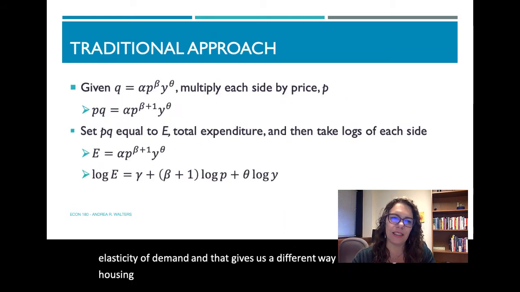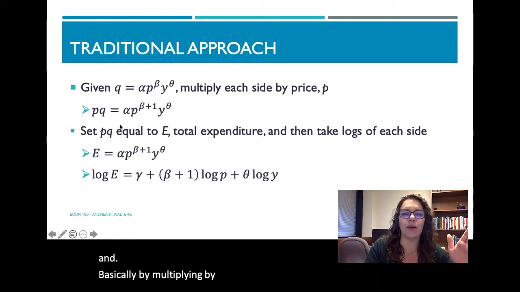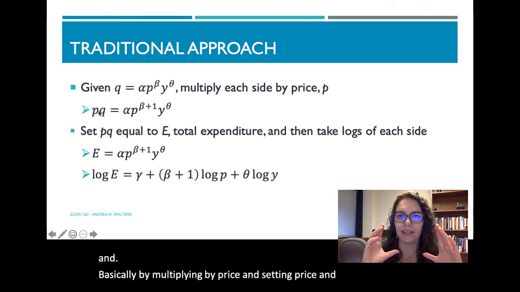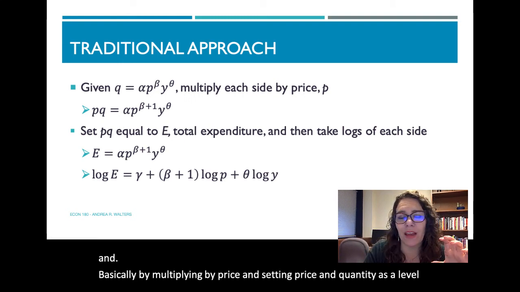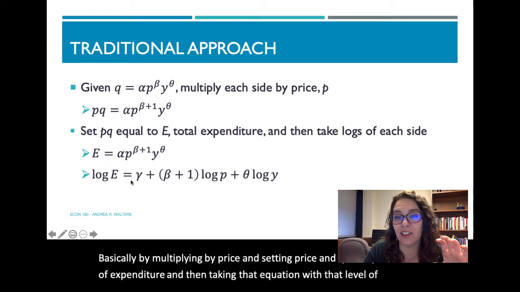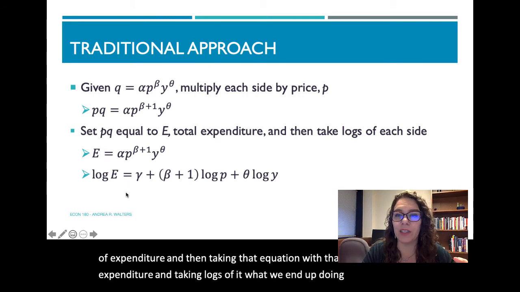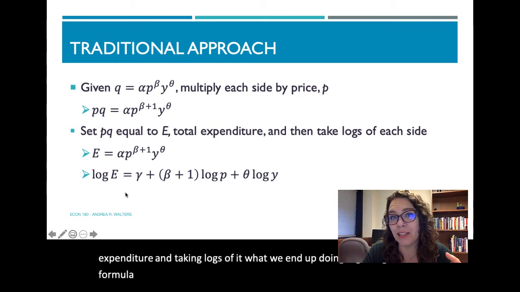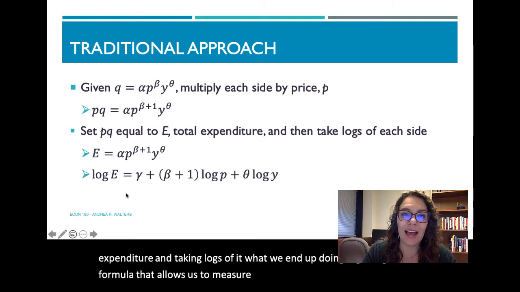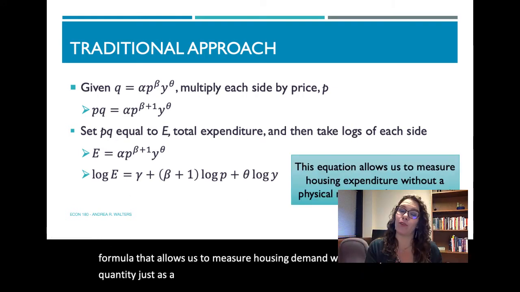The big idea here is that by multiplying by price and setting price and quantity as a level of expenditure, and then taking logs of that equation, we get a formula that allows us to measure housing demand without any quantity, just as a function of income and prices.